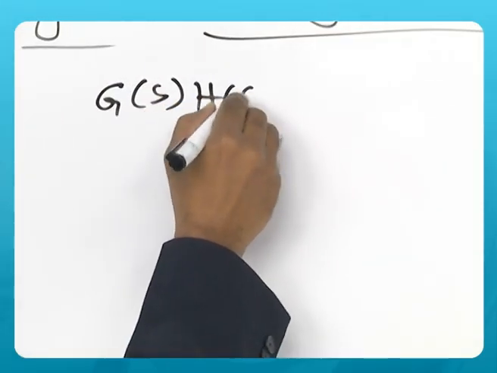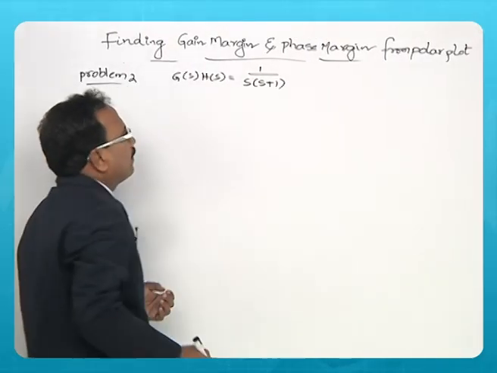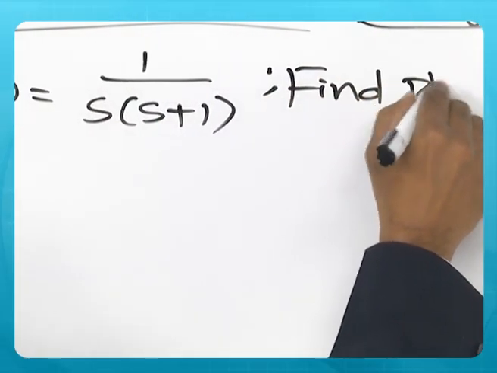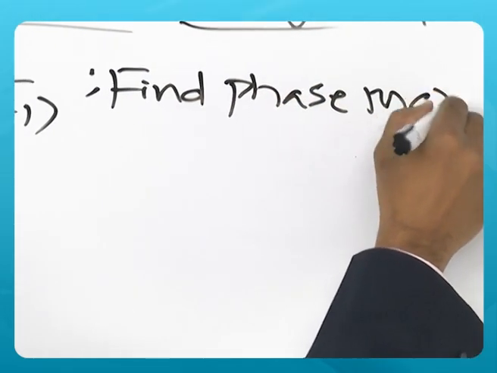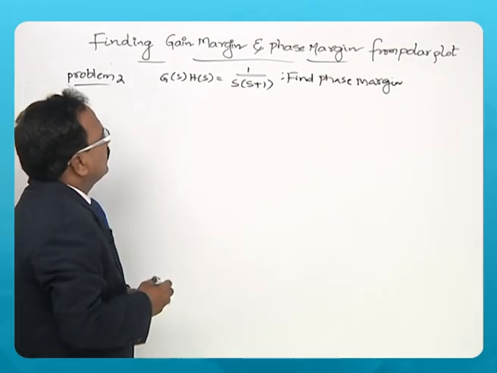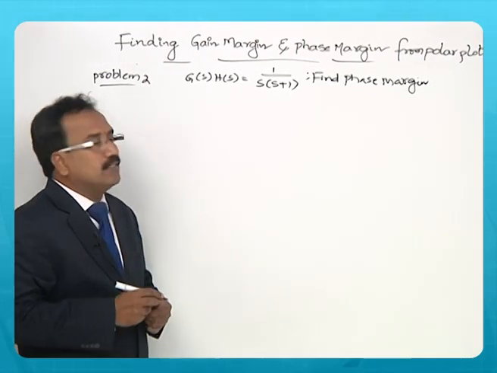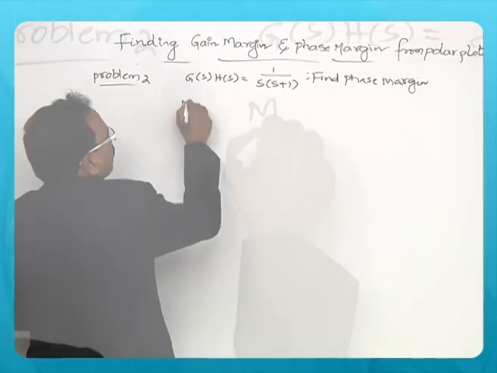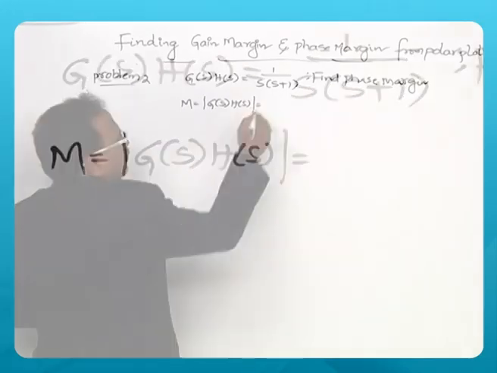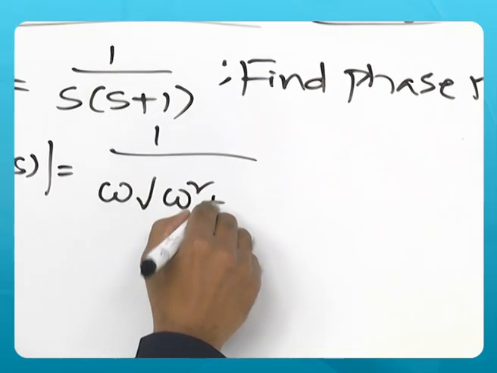G of s into H of s equal to 1 by s into s plus 1, and find the phase margin. And as usual, the procedure to find the phase margin is to have the sinusoidal transfer function, and the magnitude of this function is 1 by omega under root of omega square plus 1.